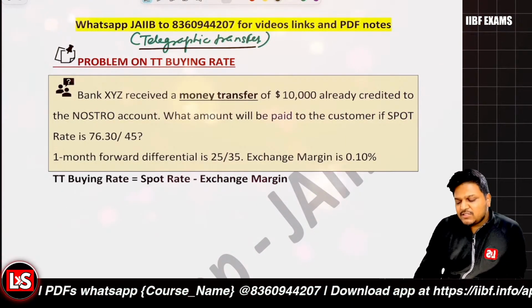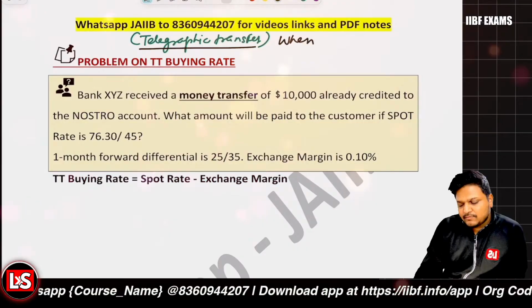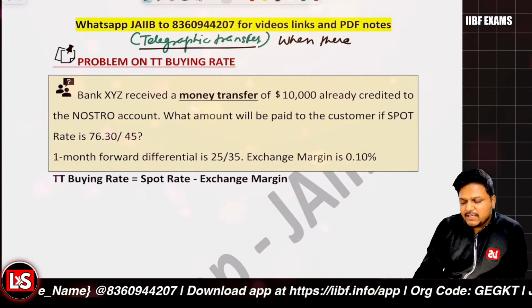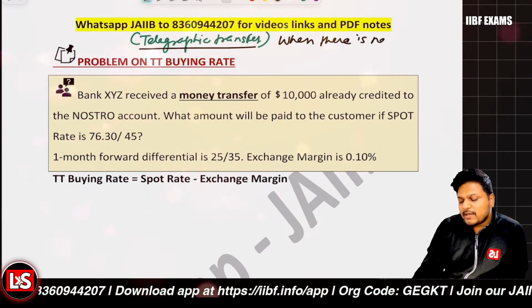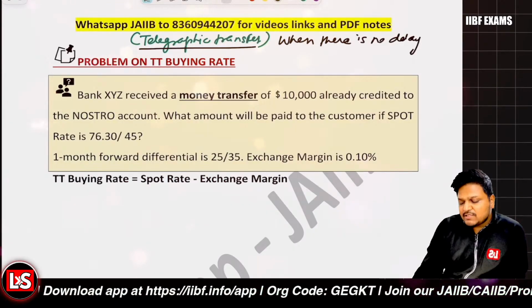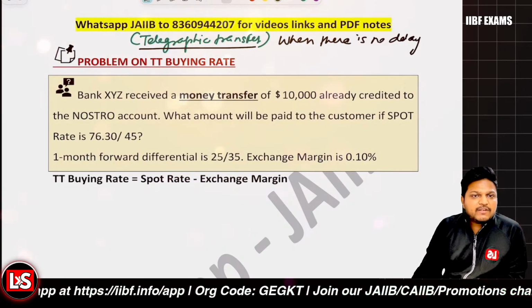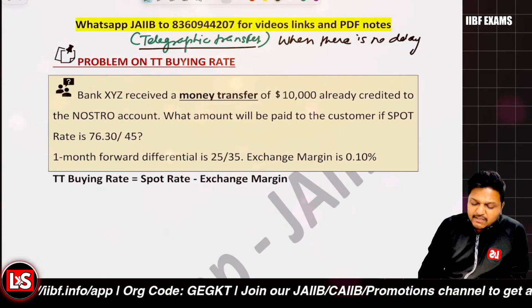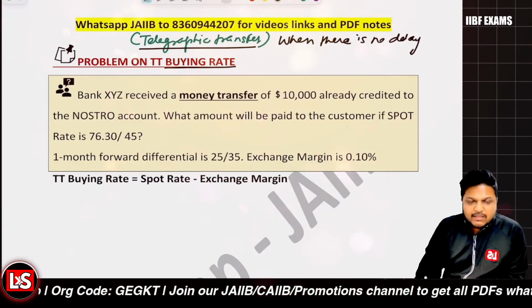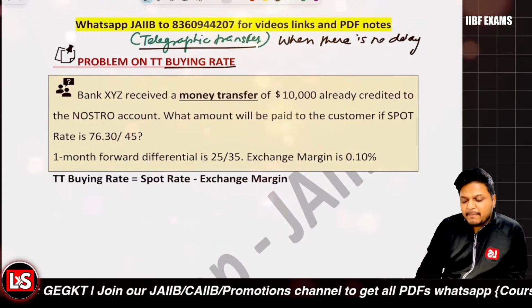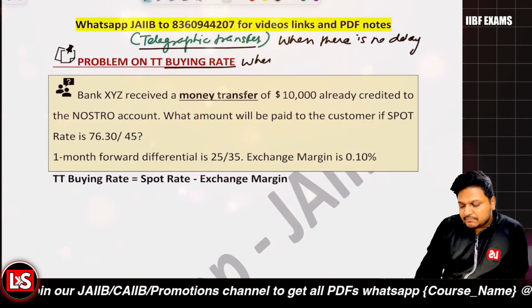It means when there is no gap, when there is no delay, then the rate which is applicable is the telegraphic transfer rate. And the buying rate will be applicable when the buying quote is given.